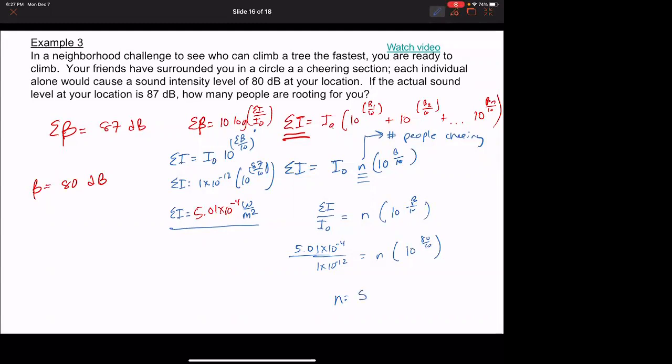So N comes out to be 5 people, once I got my math right, once I learned how to use my calculator. 5 people, 5.01, but that 01 is just a hanger there. Doesn't really mean anything.